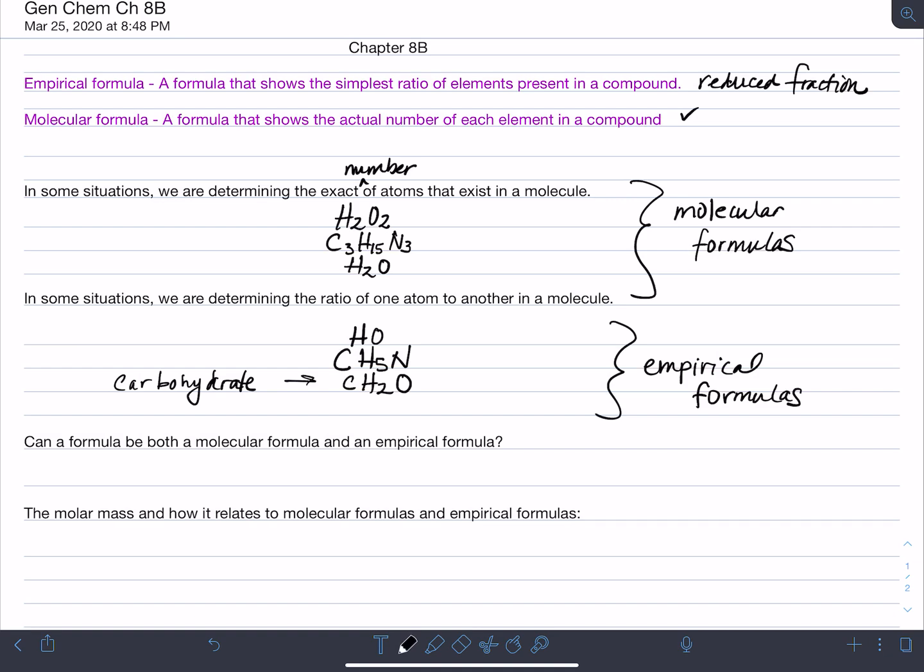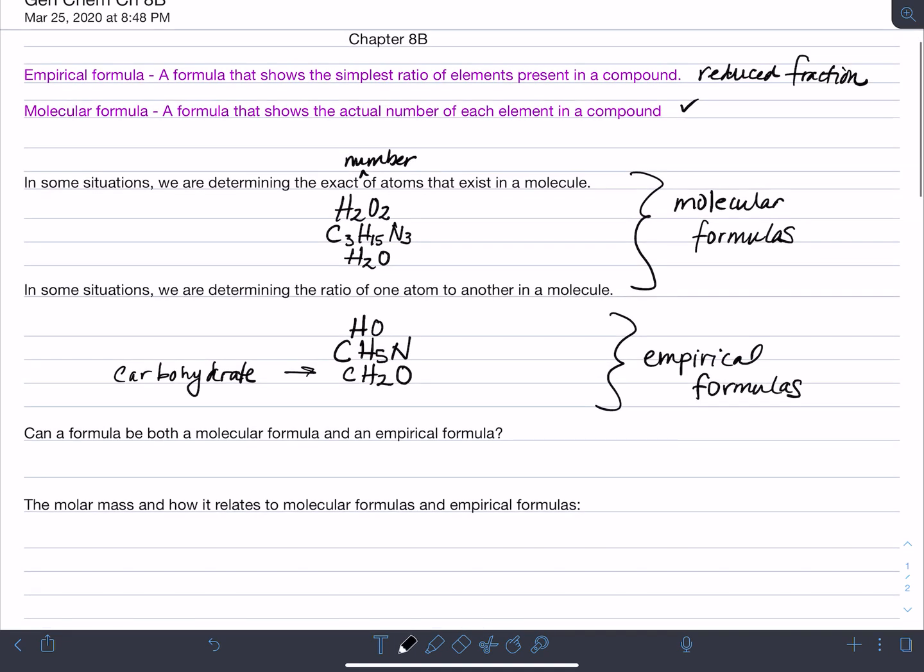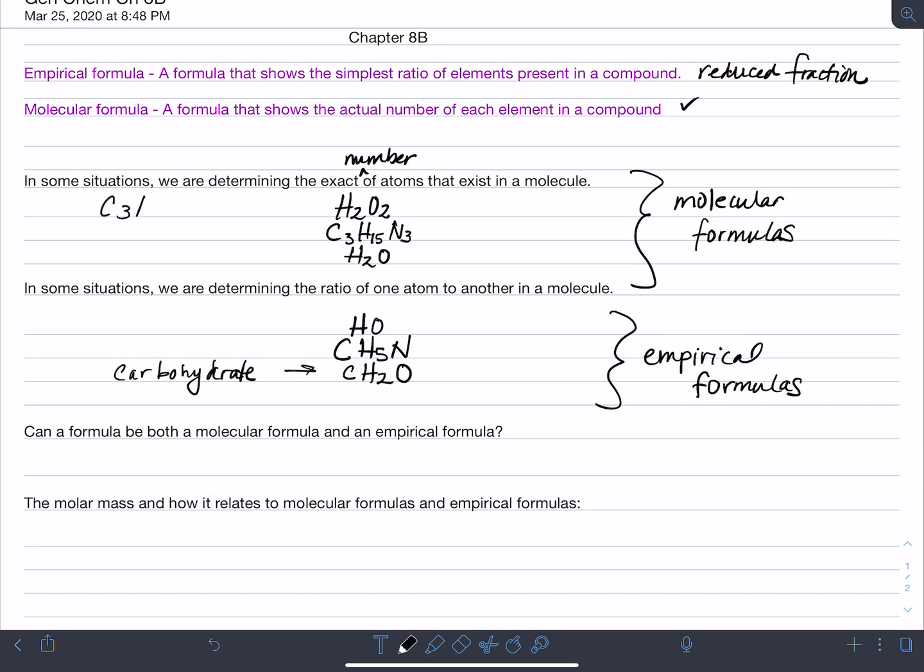There are several, I think you talked about this in your book, some of the molecular formulas for carbohydrates are C3H6O3, another one is C5H10O5, you have to excuse my handwriting here, and C6H12O6. These are all molecular formulas for carbohydrates.